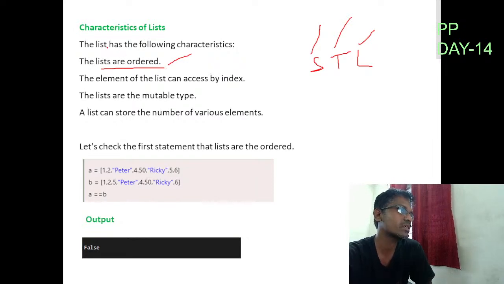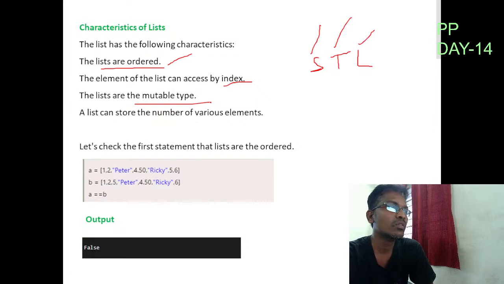So lists are ordered collections of elements, and the elements of the list can be accessed by using index. So what elements are in the list can be accessed by using an index, and lists are mutable data types.